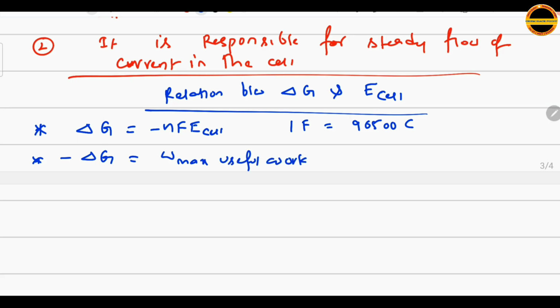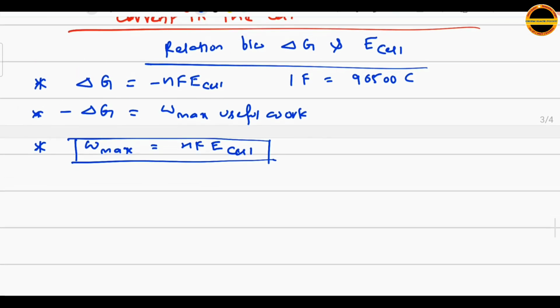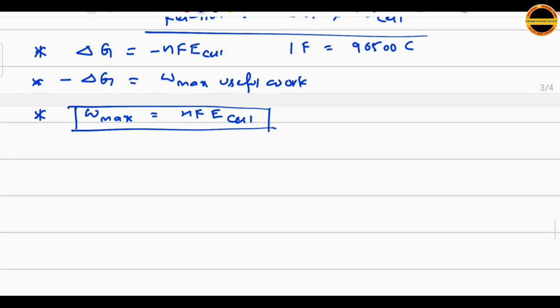Meaning the decrease in free energy is equal to maximum useful work, Gibbs free energy. Useful work means electrical energy. So W max is equal to NF E cell if you remove the negative sign. Relation between delta G as well as E cell: delta G is equal to minus NF E cell.